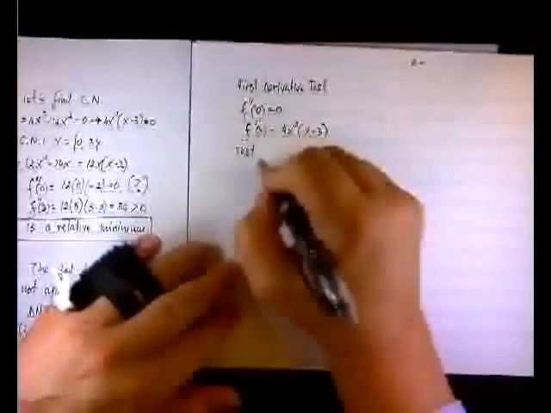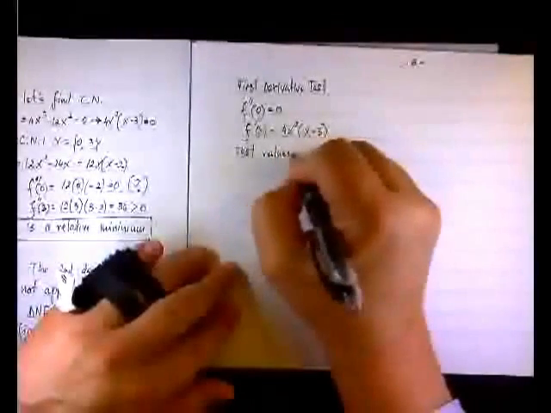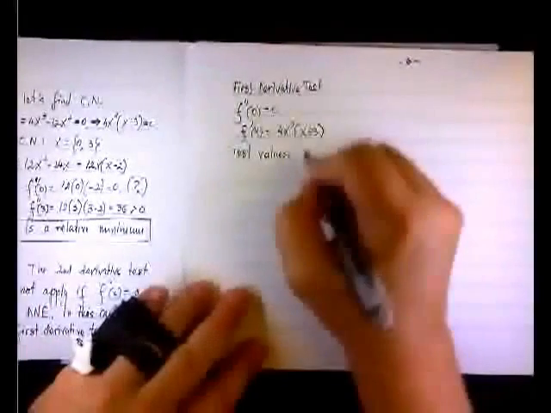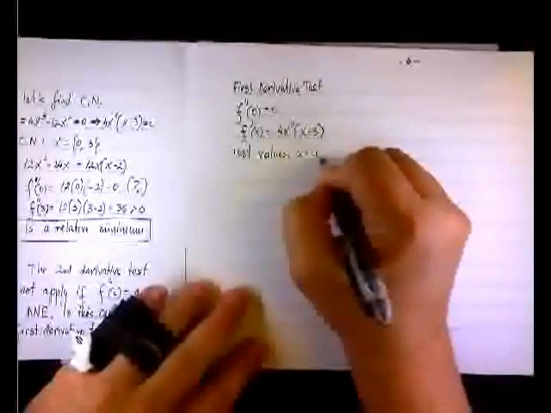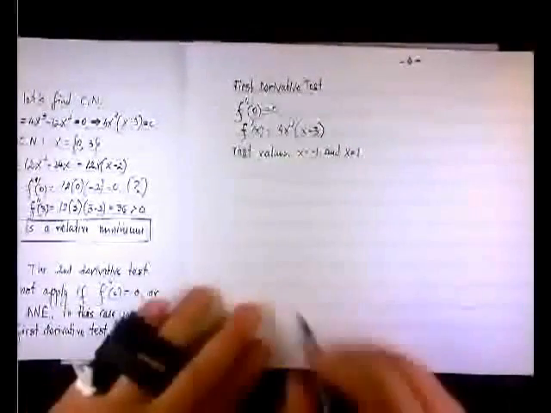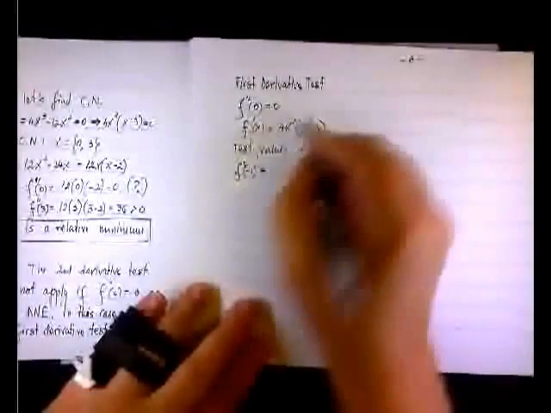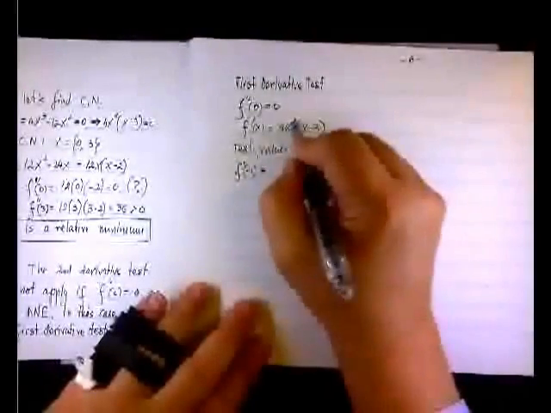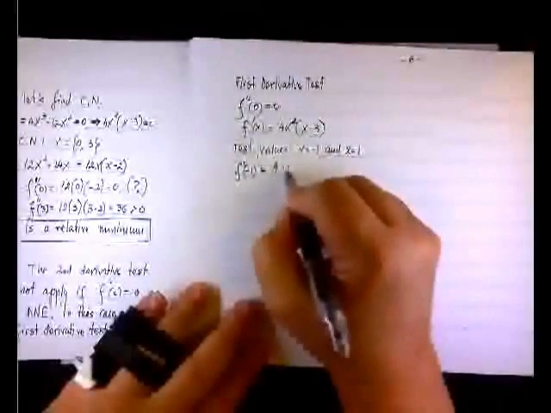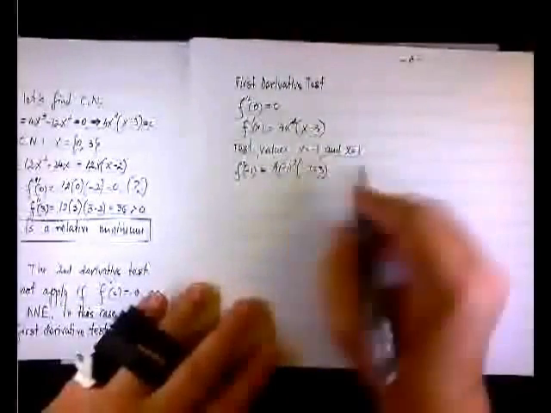So, test values. I need both sides of 0, so I'll choose x equals -1 and x equals +1. Let's see what happened to f prime at -1. This is 4x squared, so we have 4 times -1 squared times -1 minus 3.